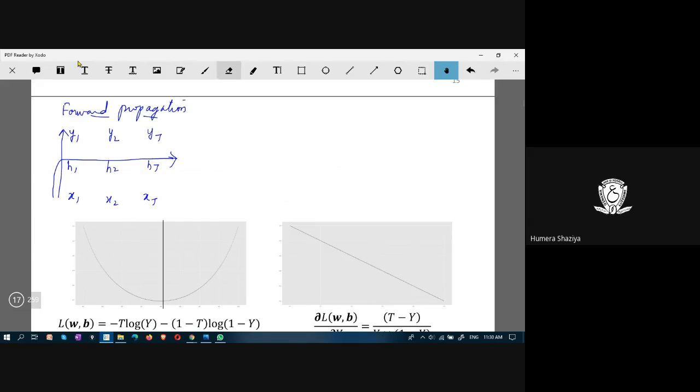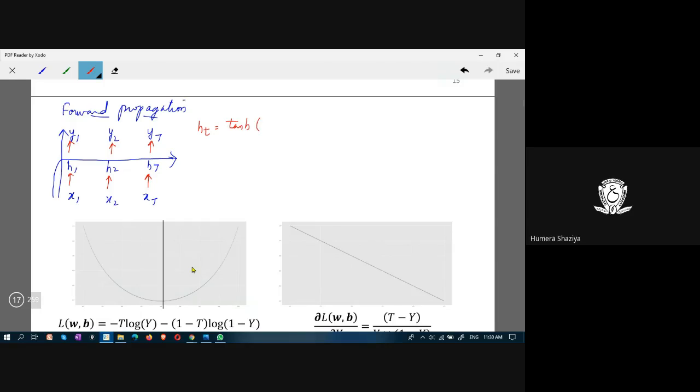What happens in forward propagation? Essentially, it is all about working with the input and the weights to get the predicted value. ht is equal to tanh of U xt plus W ht minus 1, and yt is equal to softmax of V ht.